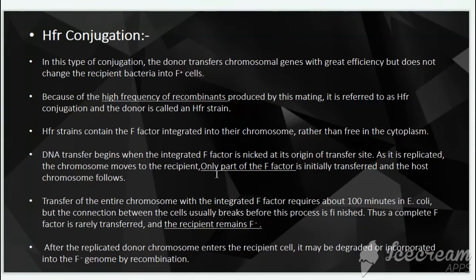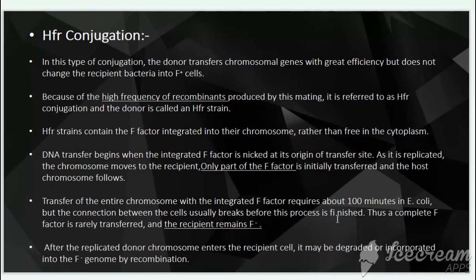Now here, as I say, only the part of the F factor or plasmid is initially transferred and the host chromosome follows it. Transfer of the entire chromosome with integrated F factor requires about 100 minutes in E. coli. As I gave an example, it took 100 minutes in E. coli if you want to transfer the entire chromosome. But the connection between the cells usually breaks before this process is finished, right?